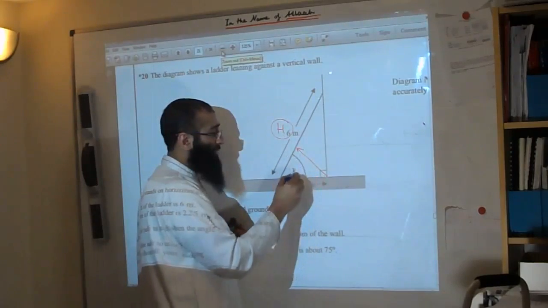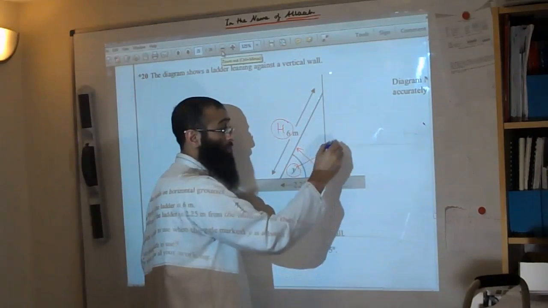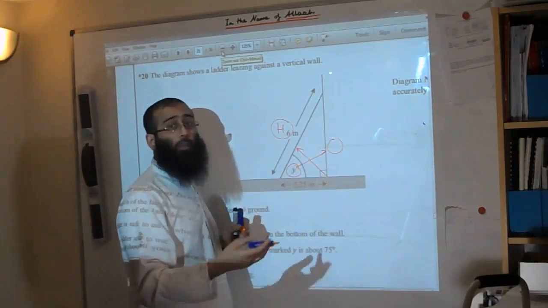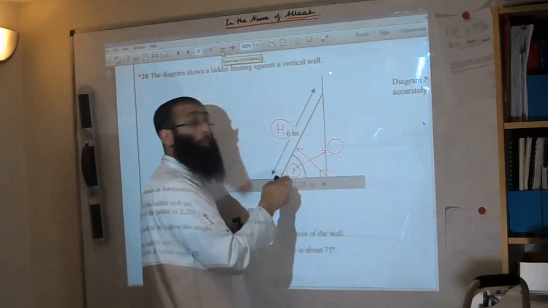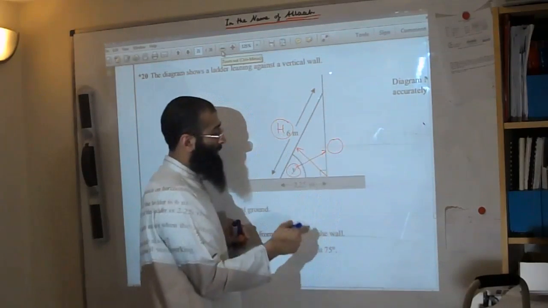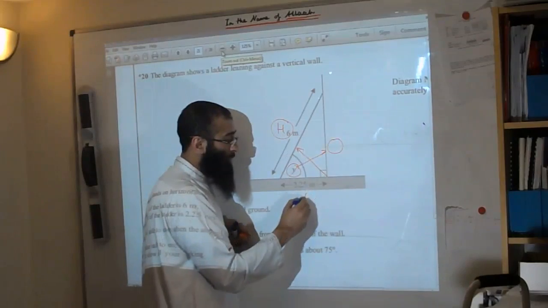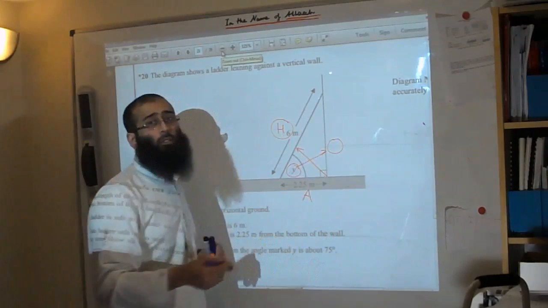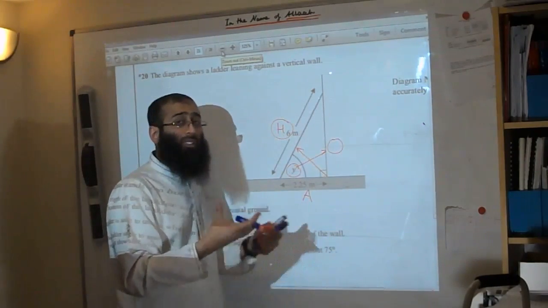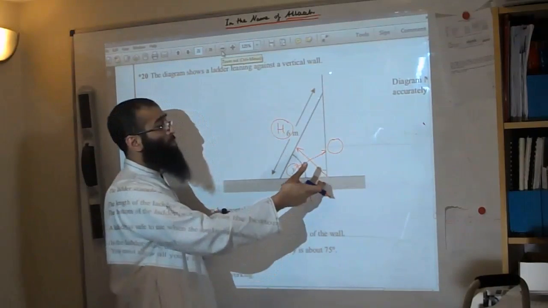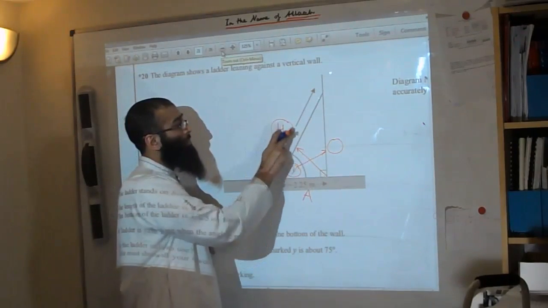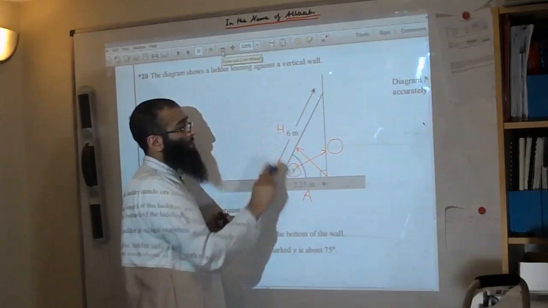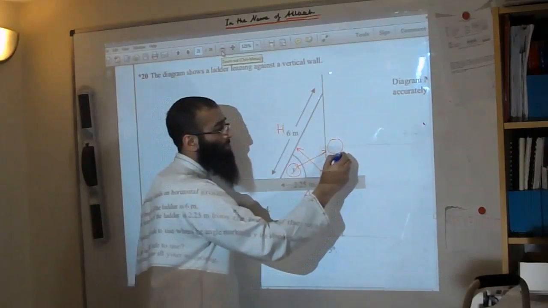Opposite the angle that you're interested in is called the opposite. Opposite the angle is the opposite. And the remaining side, which is the bottom, is called the adjacent. The adjacent always gets labelled last, so that's what's left over. Hypotenuse is always opposite the right angle.